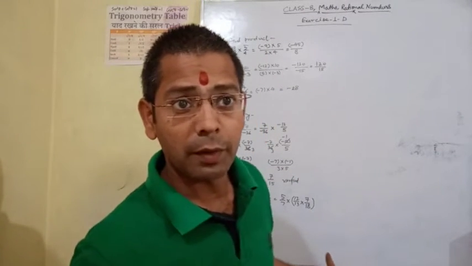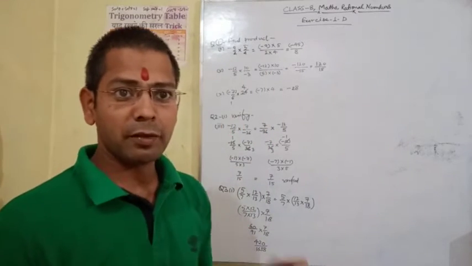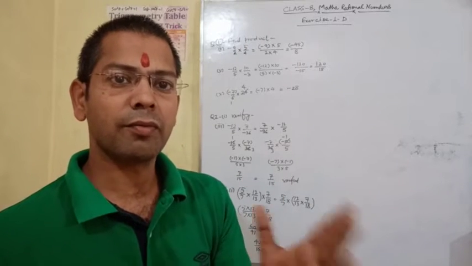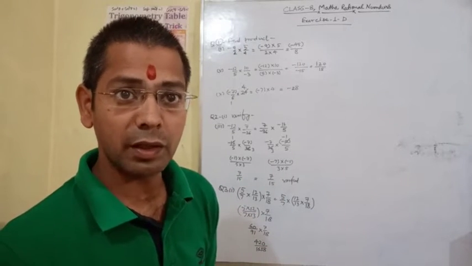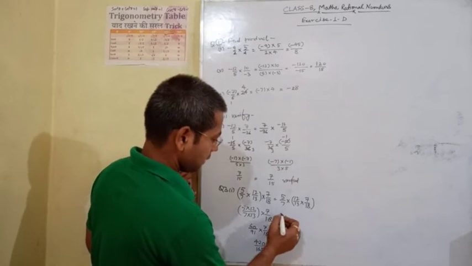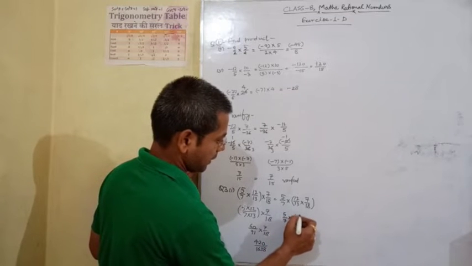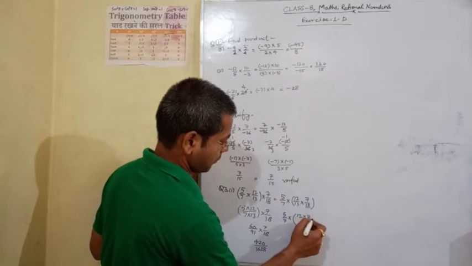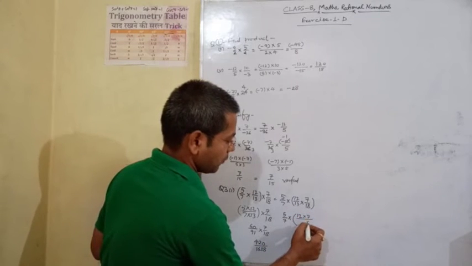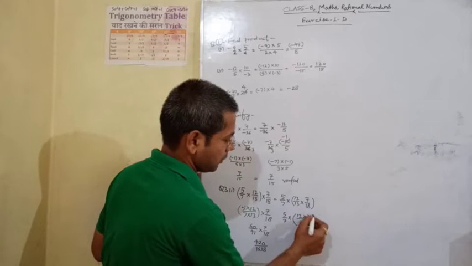Now we will multiply on the right side, but the multiplication will take place with the second and third rational numbers first. Afterward, the result will be multiplied with the first rational number. It is 5 upon 7 as it is, multiplied by the bracket 12 upon 13 multiplied by 7 upon 18. 13 times 18 is 234.